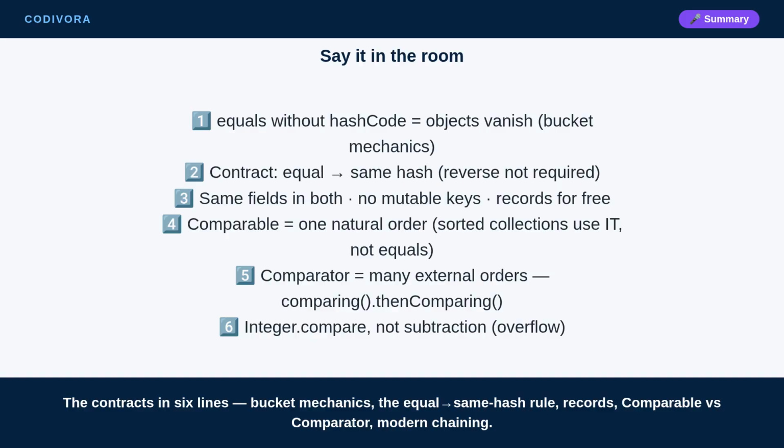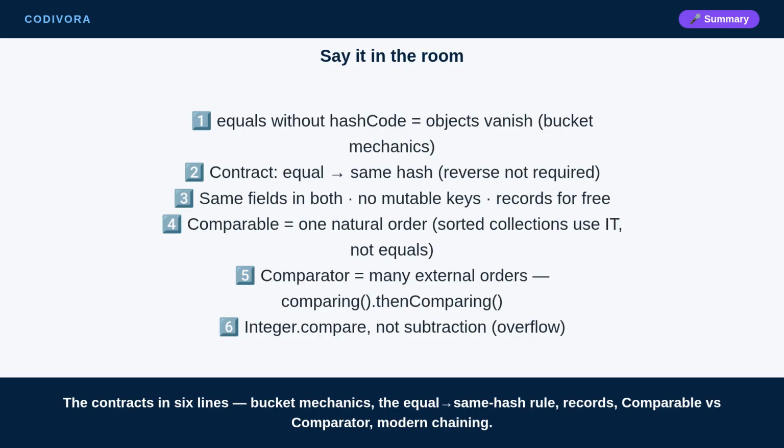Let's lock it in. Overriding equals without hashcode makes objects vanish from HashMaps, because lookup picks the bucket by hash first, then equals within it. The contract: equal objects share a hash. The reverse isn't required. Use the same fields in both, never mutable ones, and prefer records for value objects.